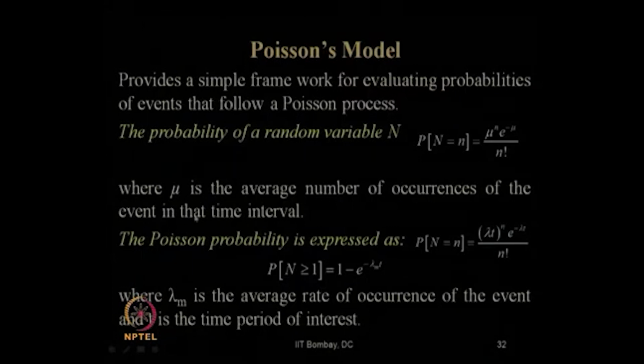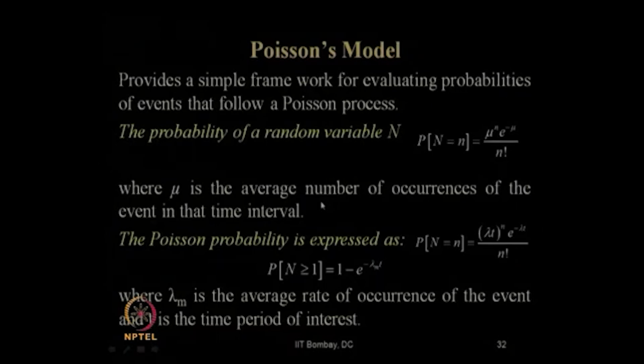Okay? So, if we express the Poisson probability in this fashion, how can we write it? Why we are changing this mu to lambda t, we will explain very soon, because this is nothing but the average number of occurrences. Look at this definition of Poisson's model.